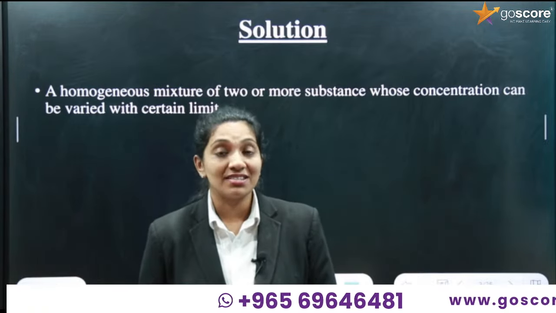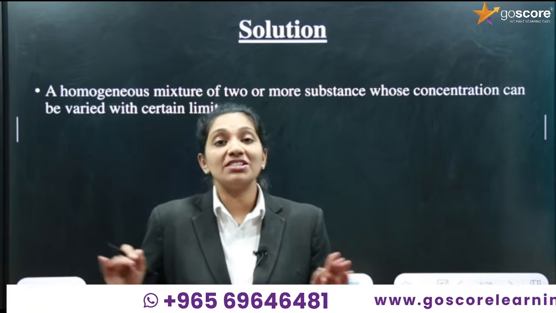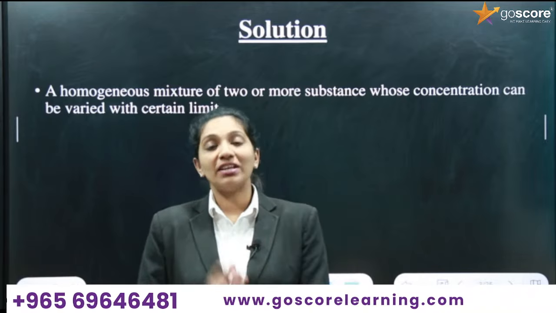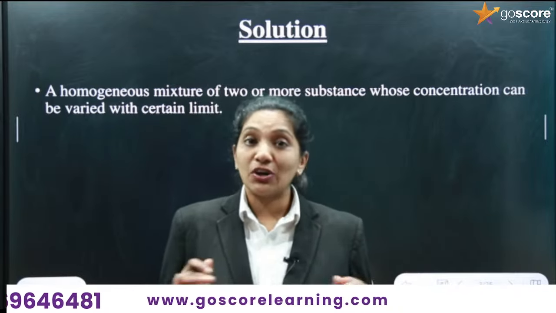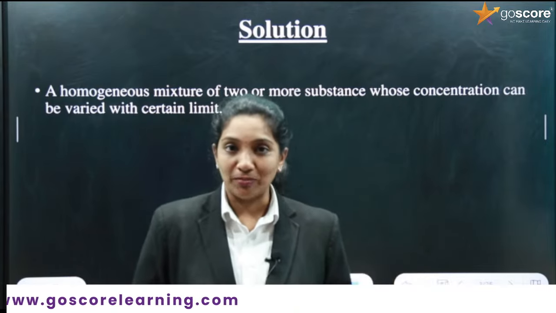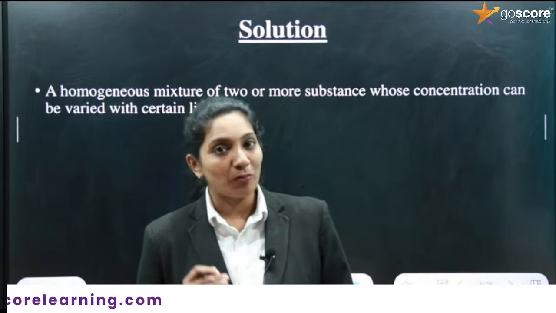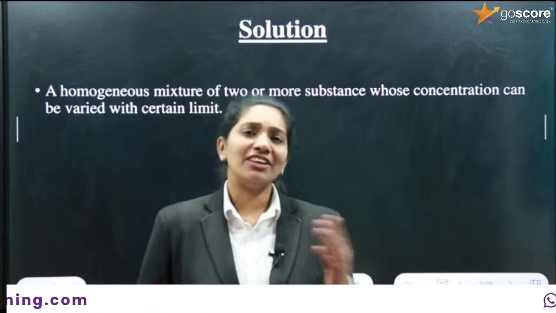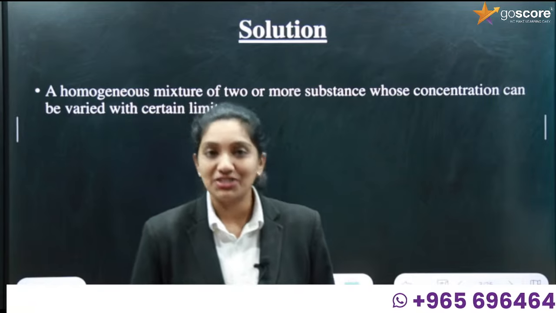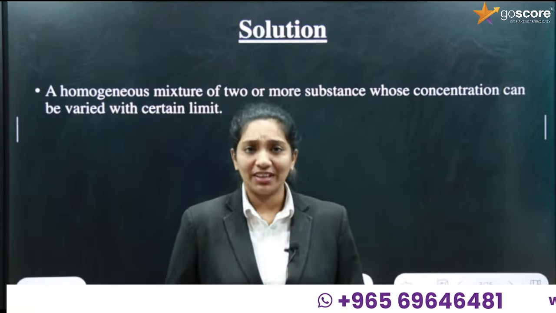So, what do you actually mean by a homogeneous mixture? Homogeneous mixture means the composition is distributed uniformly. If a particular mixture has a uniform composition, if the components are distributed uniformly, we call it a homogeneous mixture. And if the components are not distributed uniformly, it is a heterogeneous mixture. With one example, we can learn it easily.